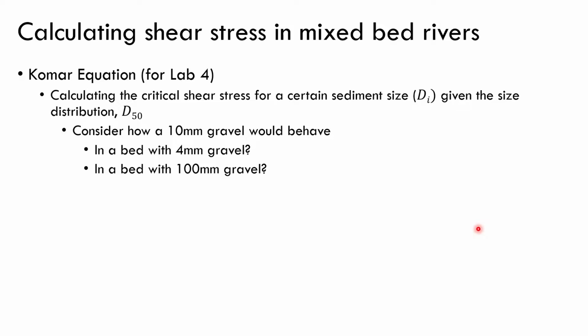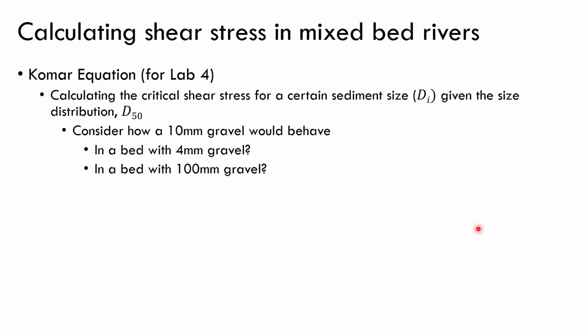So you'd have a larger grain within a bed of smaller grains. Or on the opposite end of the spectrum, if you had a 10 millimeter gravel in a bed with predominantly 100 millimeter gravel, how would it behave with much bigger gravel surrounding it?